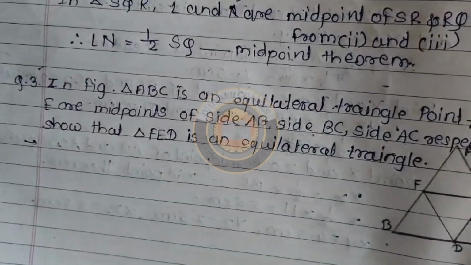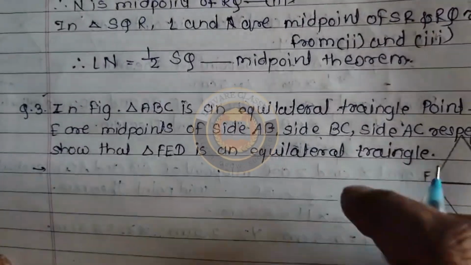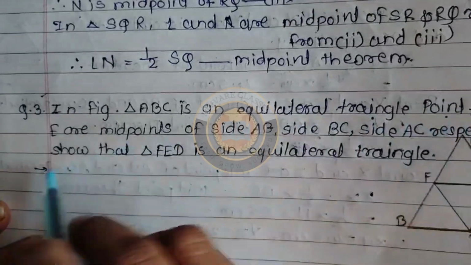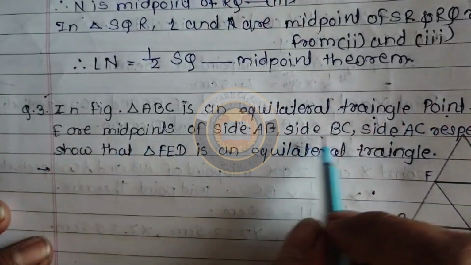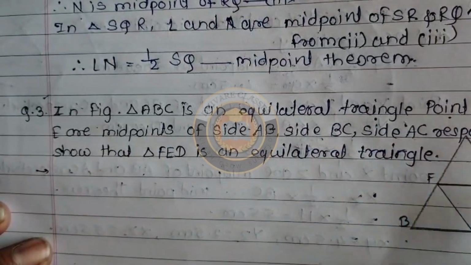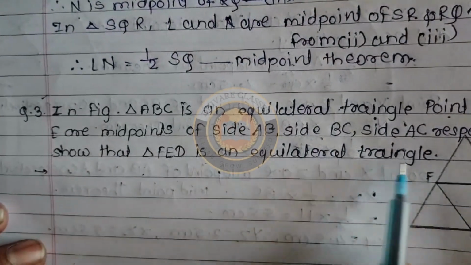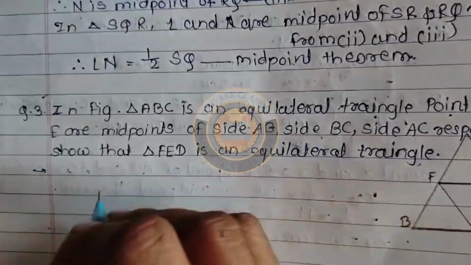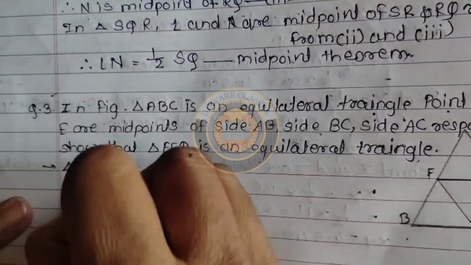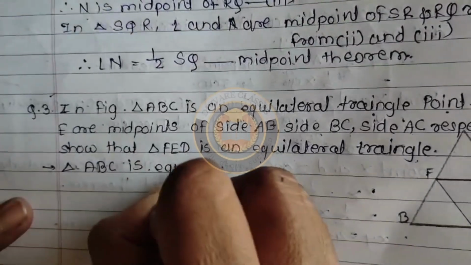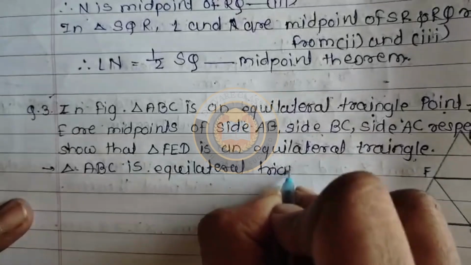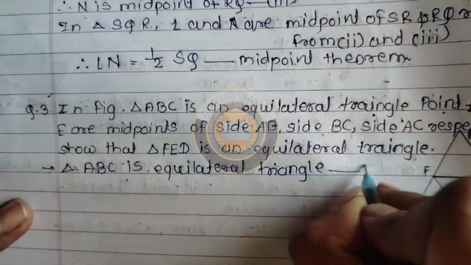इन अ फिगर ट्रायंगल ABC इज ॲन इक्विलॅटरल triangle. Points F, D and E are midpoints of side AB, side BC, side AC respectively. Show that triangle FED is an equilateral triangle. ओके, तर इथे येईल triangle ABC is equilateral triangle. This is given.